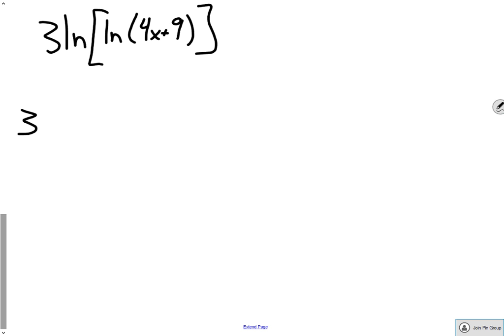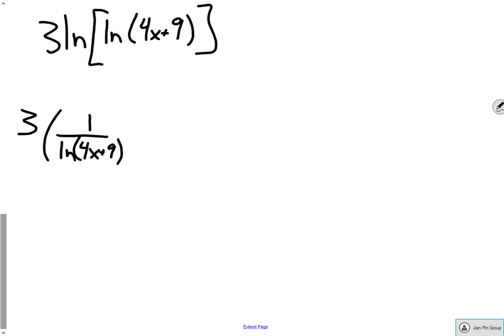Now, remember, next part is you take the reciprocal of the inside, right? Because we have to do the derivative of this one, then the derivative of this one. Okay? Now, we multiply it by the derivative of the inside, right?